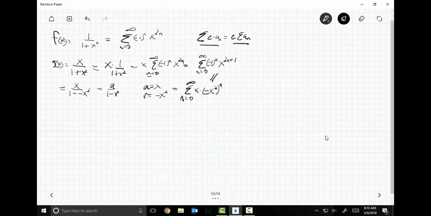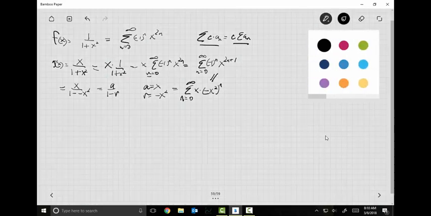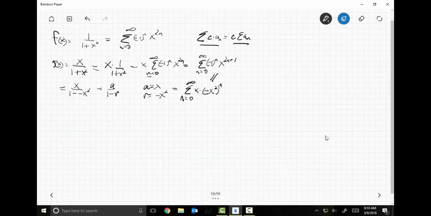Holy smokes. Well, your spidey sense may already be tingling because you're looking at 1 over 1 plus x squared, which we know is what? Don't I know that the derivative of inverse tan of x is equal to what? 1 over 1 plus x squared. True? So think about this.